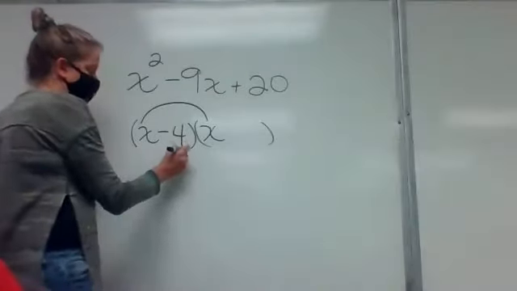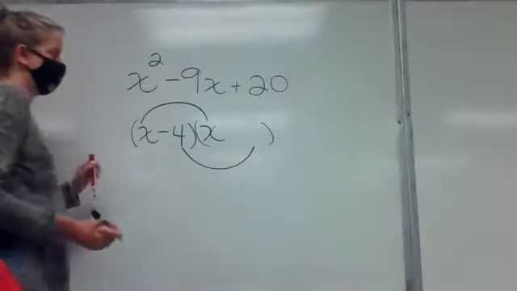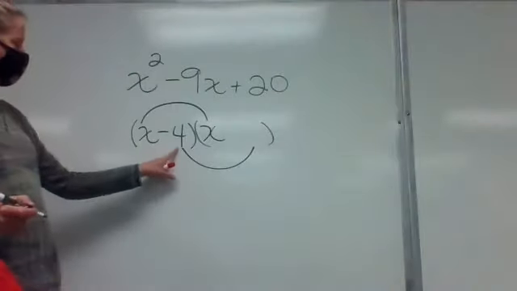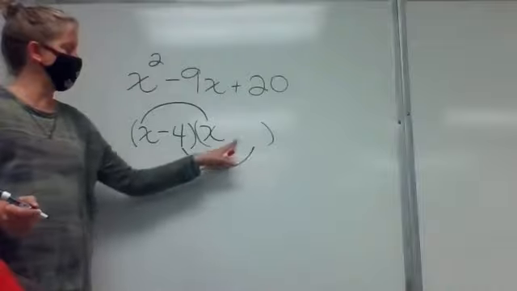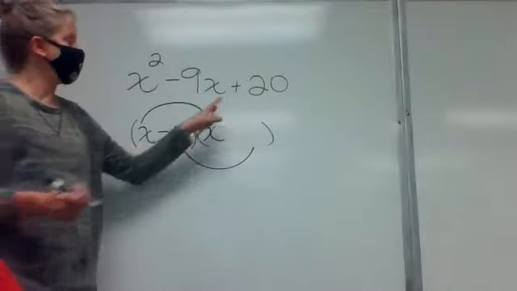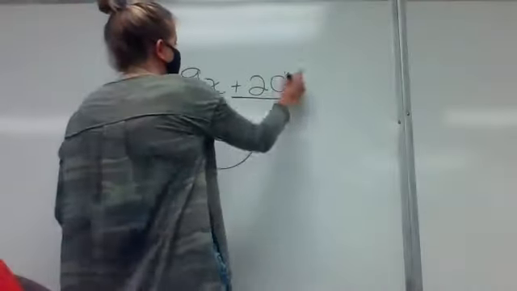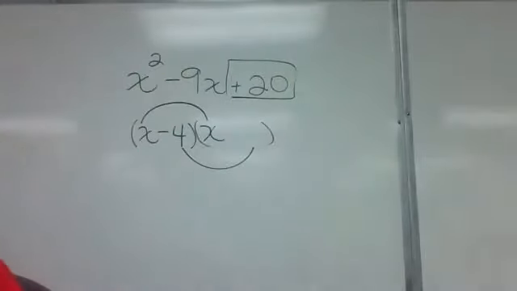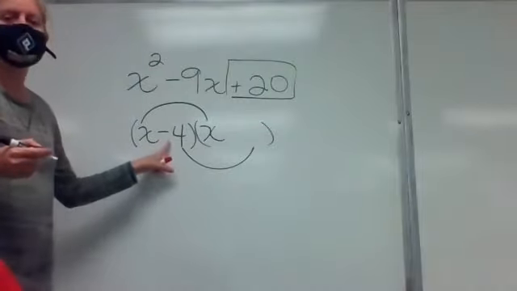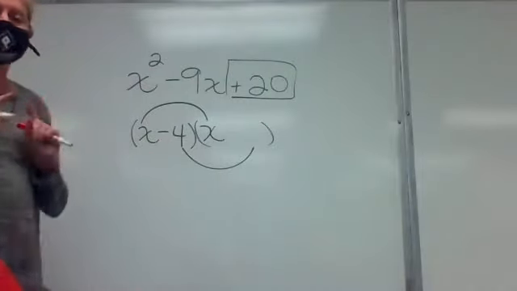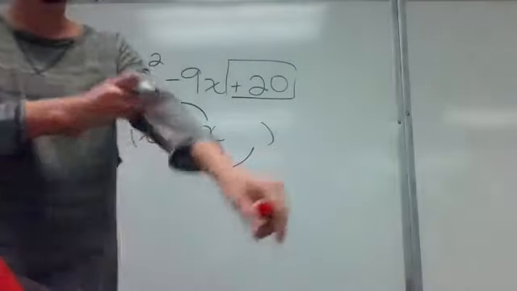Then I'm going to jump straight to my last. What do I need this number times what I'm going to be putting here to equal? I need it to equal positive 20. What do I have to start with? I've got a negative 4. What is going to be my sign? Think about that.